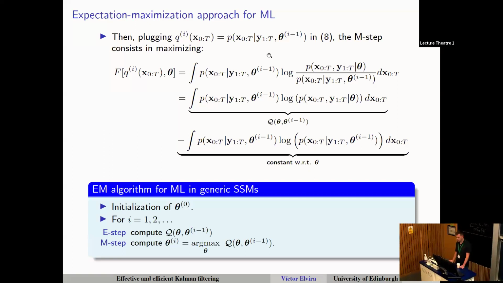You did it with this plugged-in previous estimate, and then you use this in order to compute this function. The function is a function of theta. Once you have it, in the M step you take this function and maximize with respect to theta. Then you use this new estimate to run a filter, to run a smoother, to compute a new function Q, to optimize and obtain the new theta, and so on and so forth. This is the algorithm.